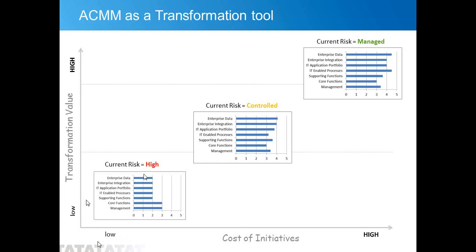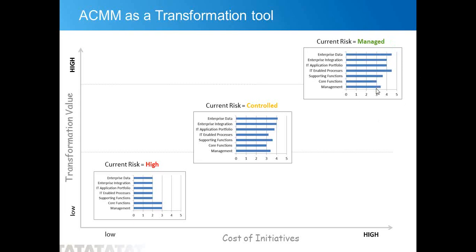And then you also say, okay, this is where I stand today with a risk, but if I increase my cost of investment a little, I get higher value and my risk is controlled, and this is how my maturity will look if I move certain initiatives up. And if I put much more effort and cost into the transformation exercise, then this is where my risk will be, and this is how my whole enterprise picture will look.